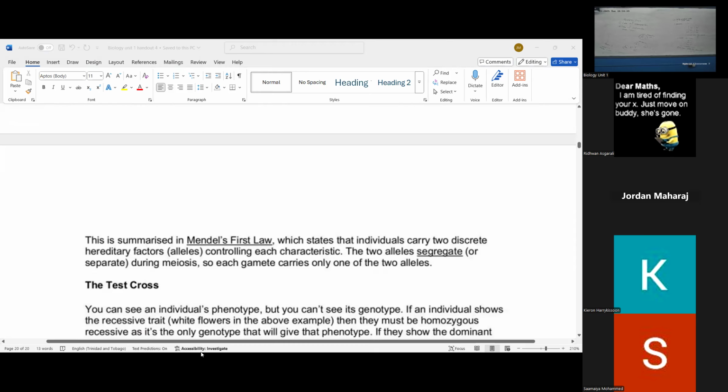It is an independent process, and if you had to refer to a stage, you would say it occurs at metaphase. So the combinations that are obtained are not influenced by other factors. That's what independent assortment states.